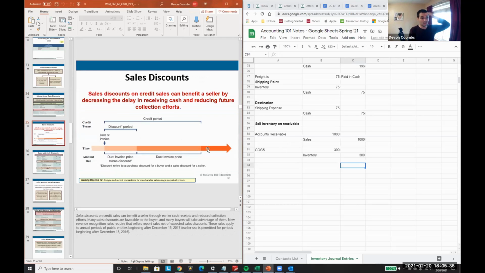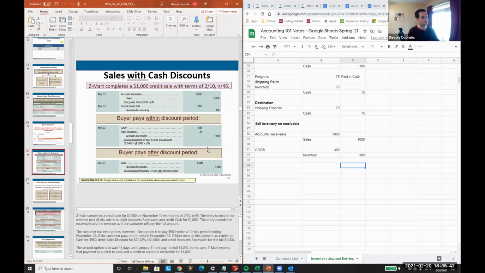So what if we have a sales discount? Instead of a purchase discount, let's look at a sales discount now. How would that affect our revenue? Now that we're selling the inventory, let's say they pay within the discount period. So we get cash of 980.